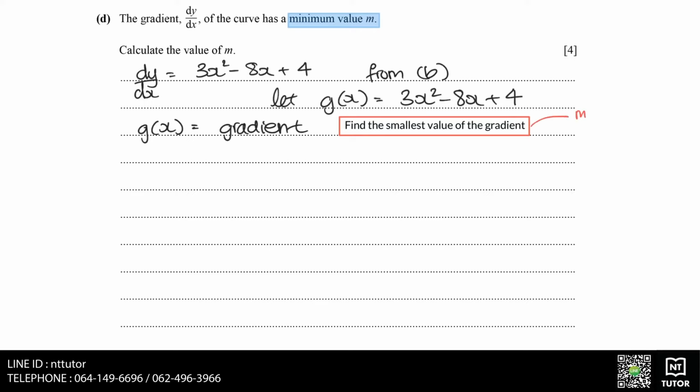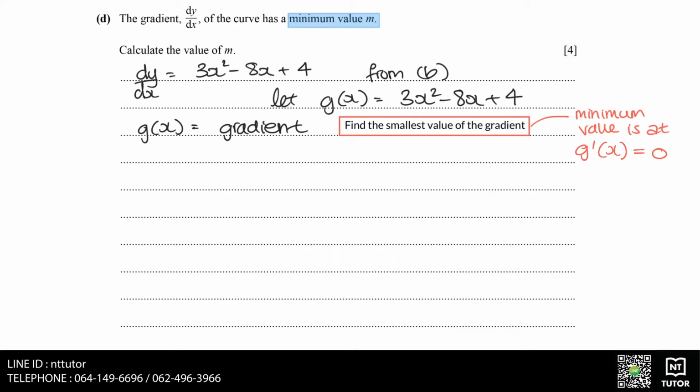The smallest value of this function should happen when the gradient of the gradient function is equal to 0, or when g dash x equals 0.